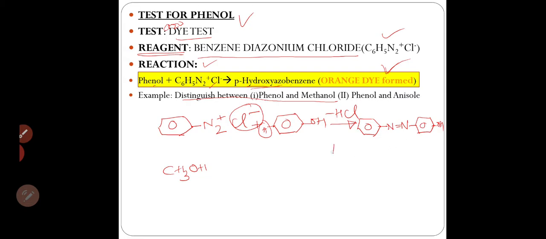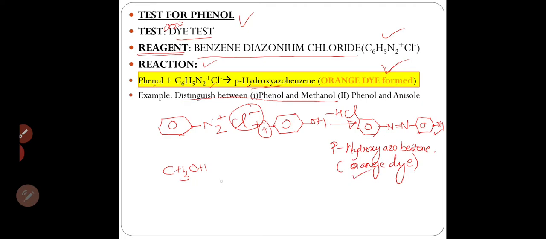Its name is para-hydroxy-azobenzene, because there is an OH at the para position. Because of the formation of this, you will get an orange dye. The formation of this compound leads to the formation of the orange dye.